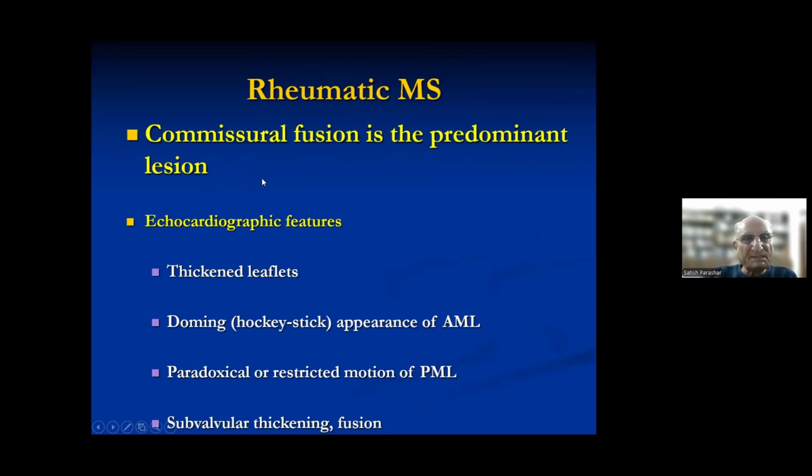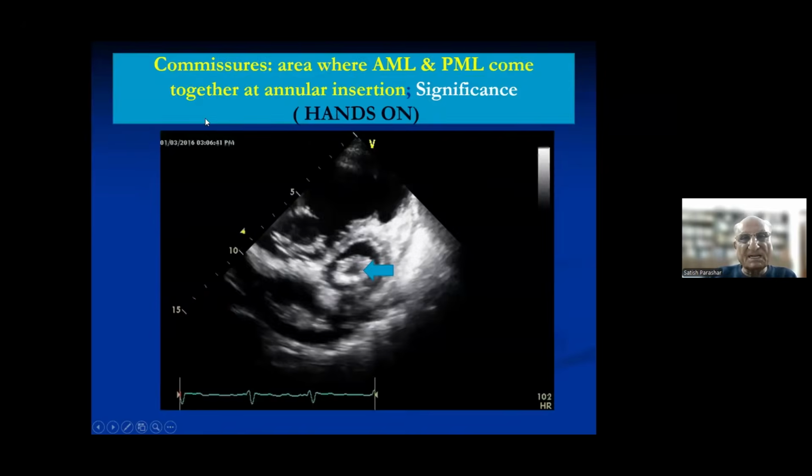And the main thing is there is a fusion of the commissures and some echo findings. When I write this, I've written hands-on. Whatever I may tell you now, you will not understand, but when it is demonstrated to you, so there is no point in my wasting time to tell you what the commissures are and how to record it. It is best to be seen in a demonstration of mitral stenosis by Dr. Gupta or when you come for hands-on.